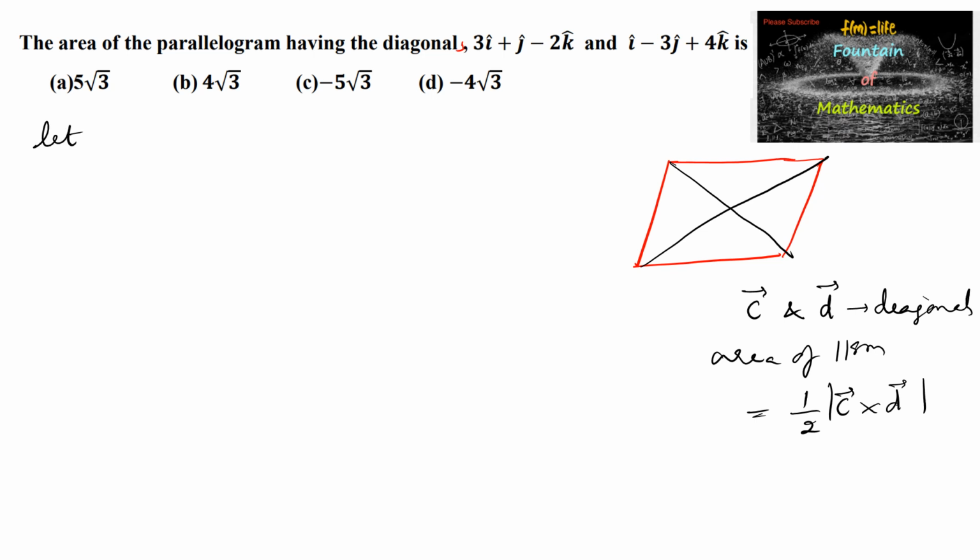So here let us consider the diagonal C is equal to 3i plus j minus 2k, and another diagonal D is equal to i minus 3j plus 4k.